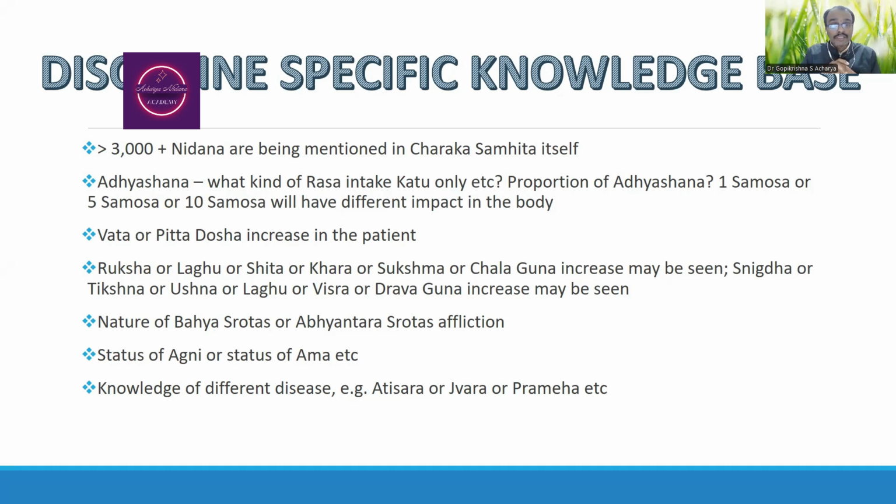So when the person is exposed to dust through the nose, there may be affliction of a bahya srotas, that is the nasa itself. You are going to observe that. In a similar fashion, if rajas or dust is exposed to the eyes, the person will have itching around the eyes or redness of the eyes.